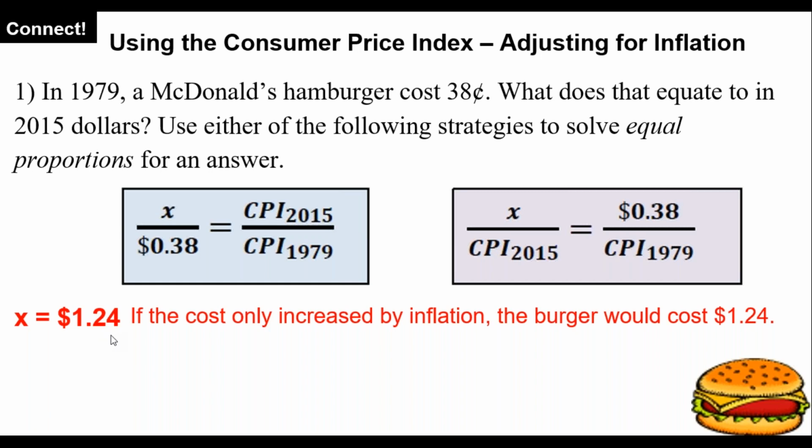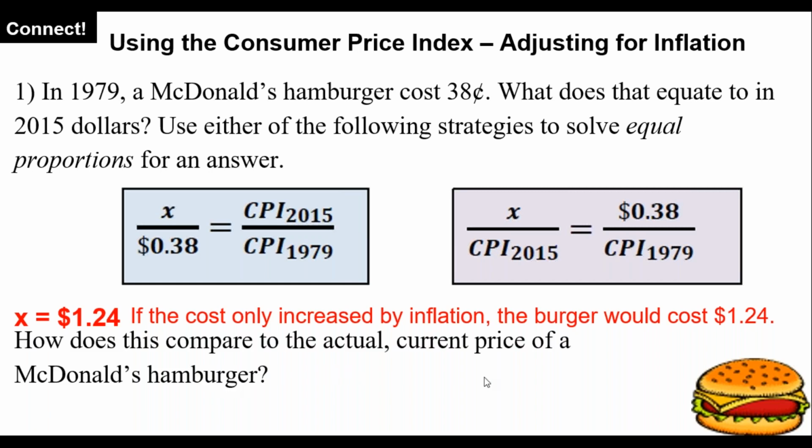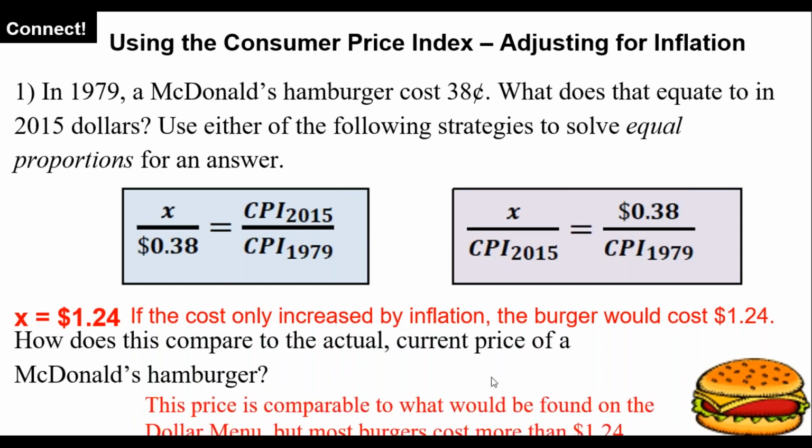Okay, and that makes sense. $1.24 would make a lot of sense. So how does this compare? The price is comparable to what would be found on the dollar menu, but most burgers cost more than $1.24. So yeah, it's comparative though. Makes sense.